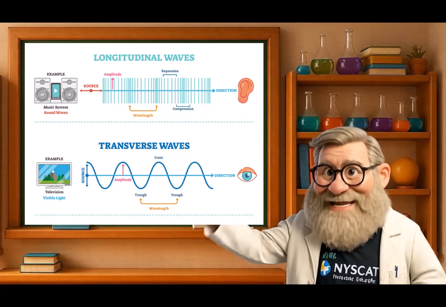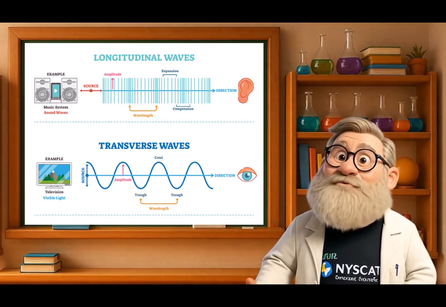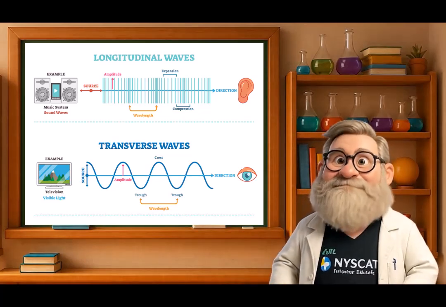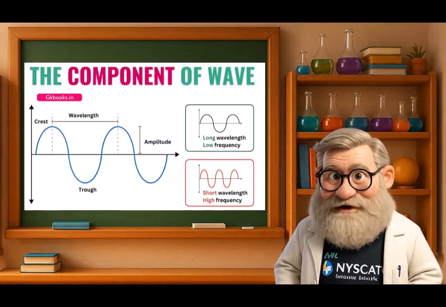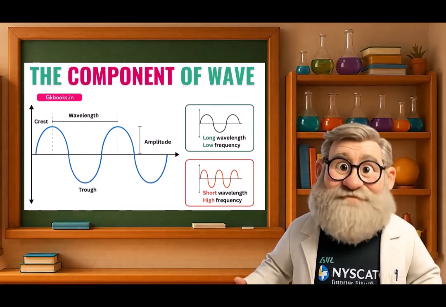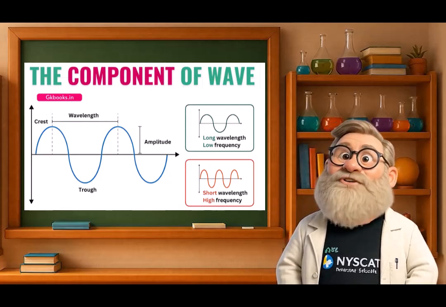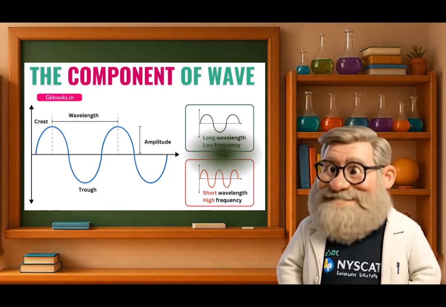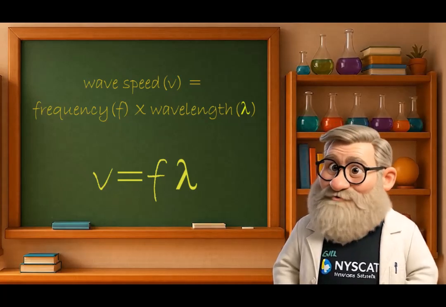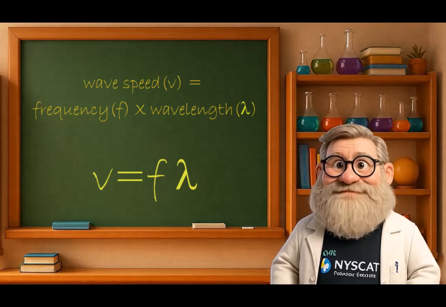Then we explored two types of wave motion: transverse waves, where oscillation is perpendicular to motion, and longitudinal waves, where it's parallel. We also broke down the key properties of waves: amplitude, which is the energy; wavelength, the distance between cycles; frequency, how often cycles occur; period, how long each cycle takes; and speed, how fast the wave travels, using the formula V equals F times lambda.